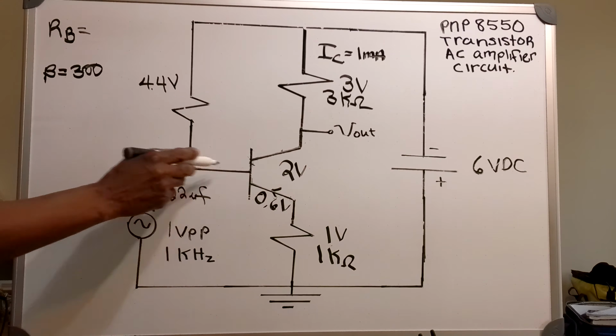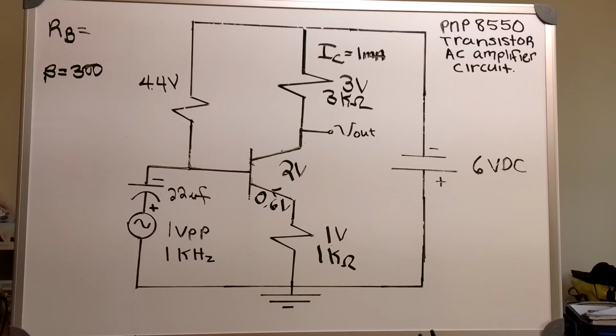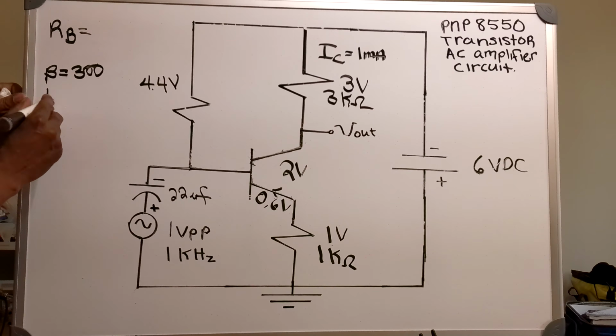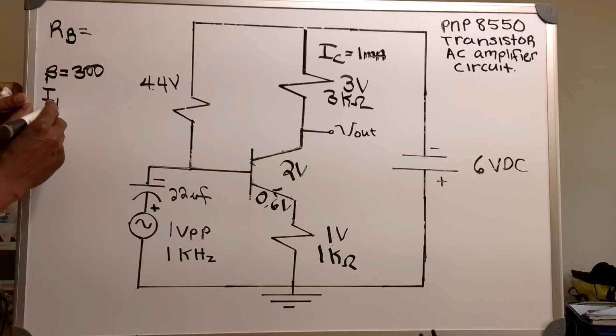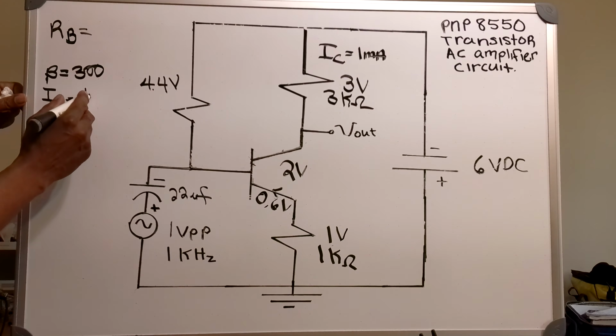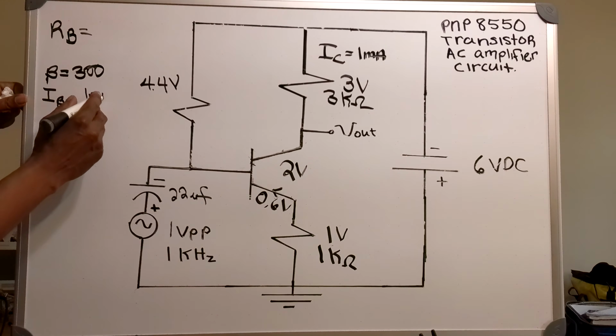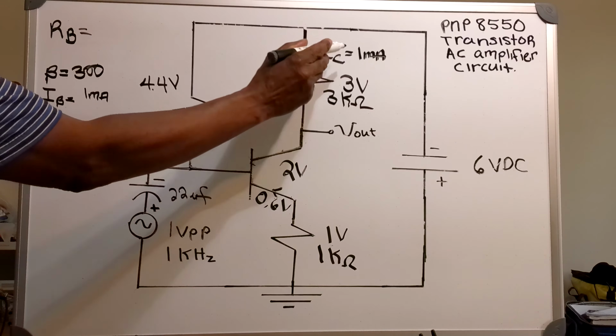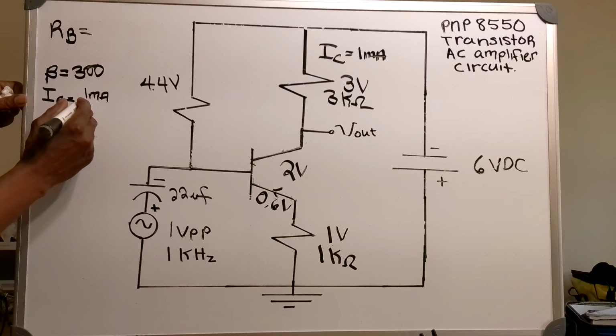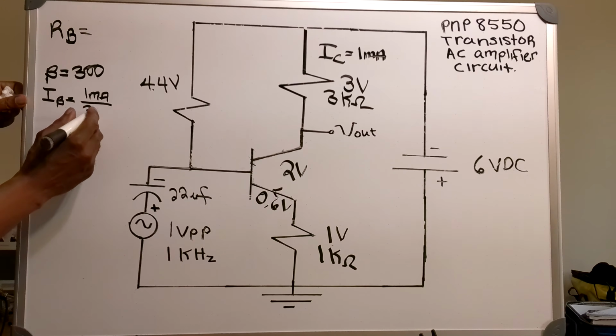Now I'm going to find the base current. The base current IB of the transistor will equal 1 milliamp divided by my gain of 300.